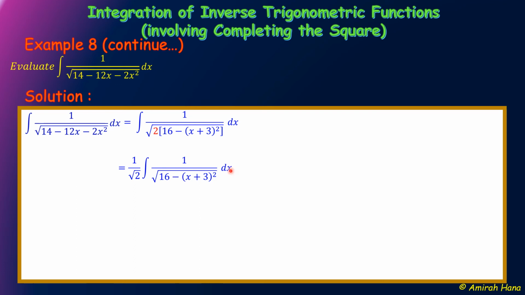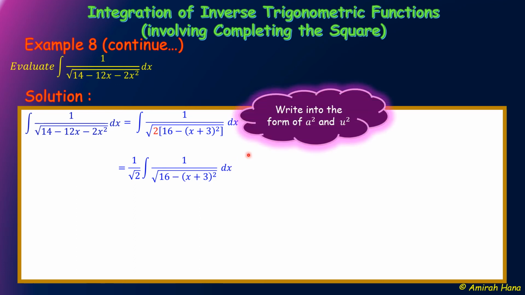And then from here, we can write into the form of a squared minus u squared. a should be a constant, and u should be the term containing x. And then we can write 1 over root 2, integration of 1 over square root of, we write 16 equals 4 squared, in terms of a squared, and minus x plus 3 bracket squared dx.